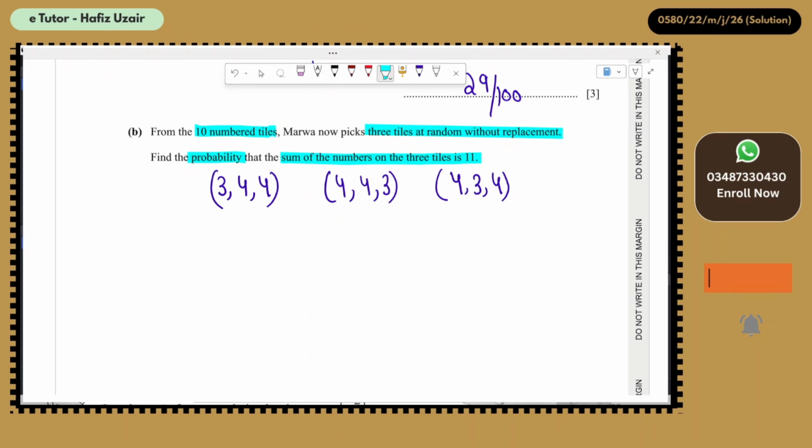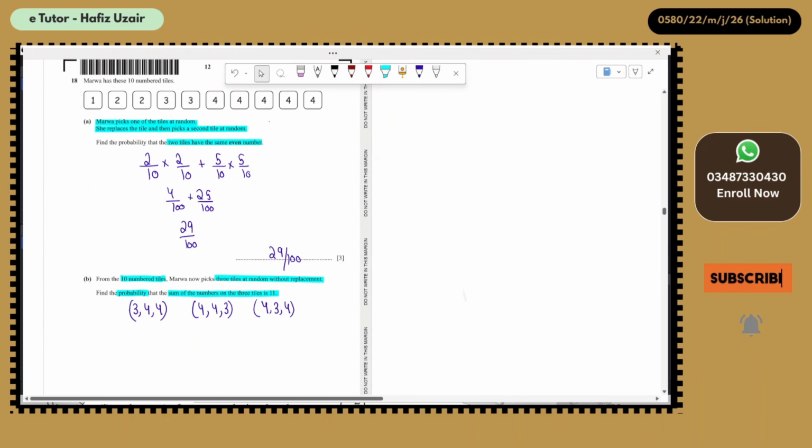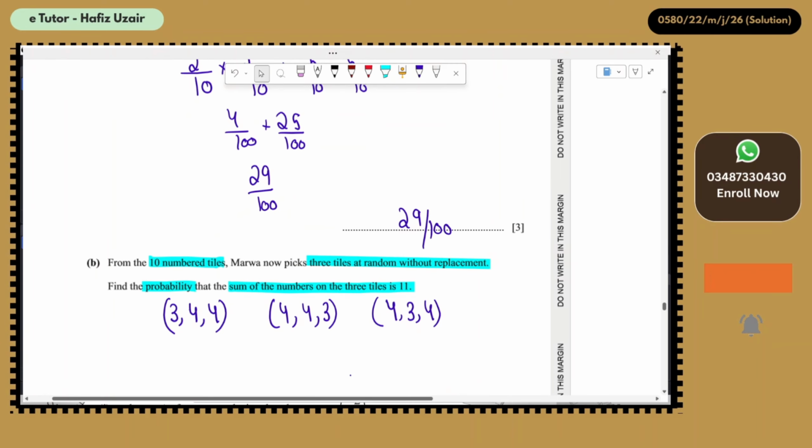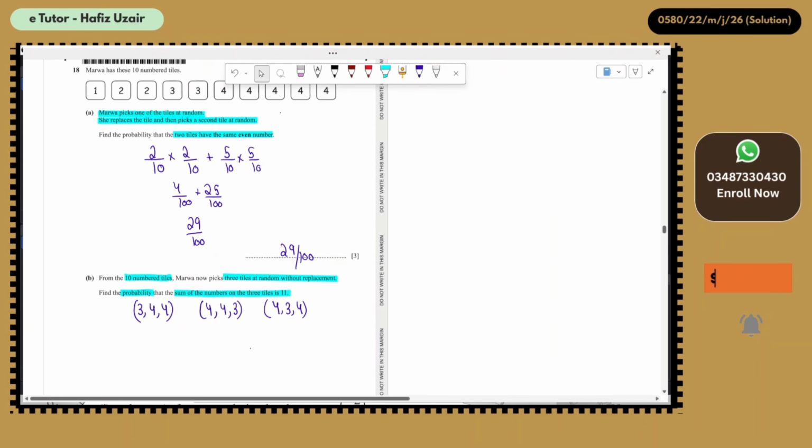Now, what is the probability of getting 3? It's 2 tiles, so 2 by 10, multiplied by.